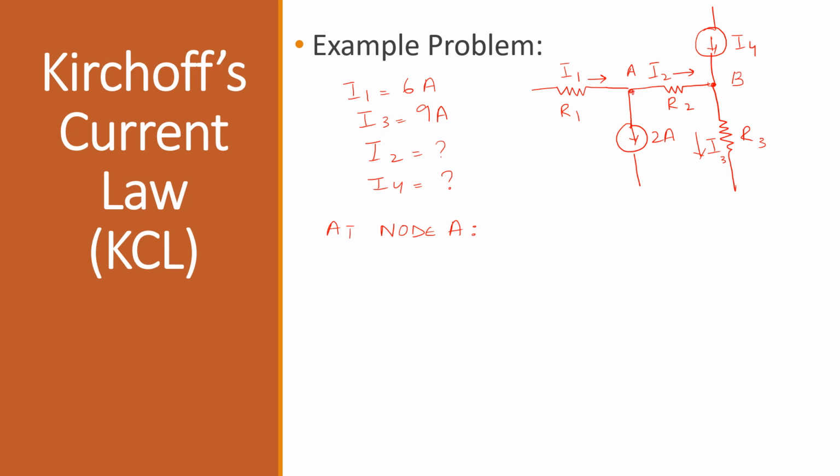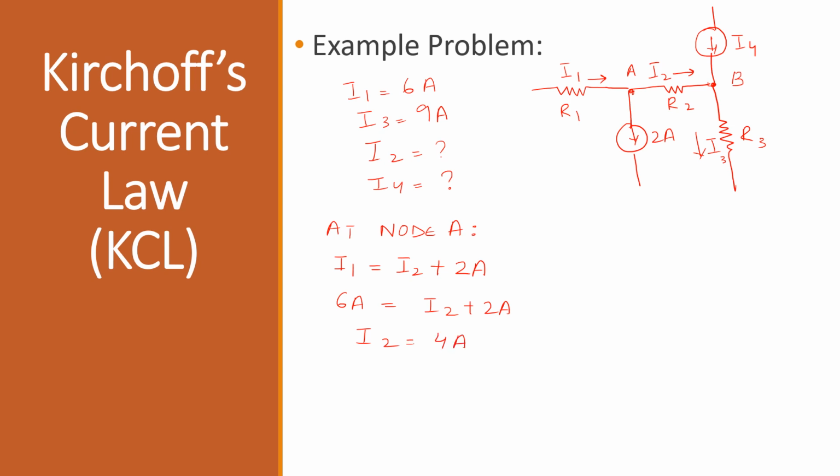Only one current is coming, which is I1, and two currents are leaving. One is I2 and another is this source of 2 amperes. We know that I1 is 6 amperes. So after solving this equation, we get I2 is equal to 4 amperes.